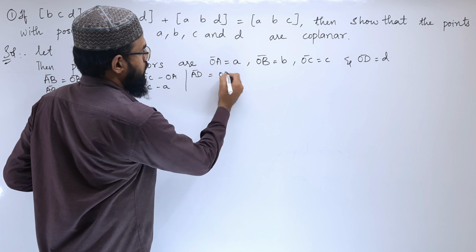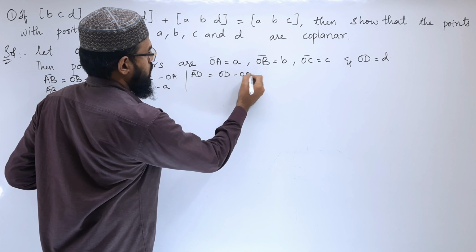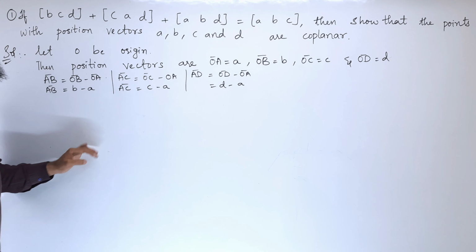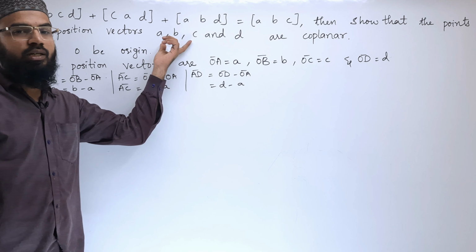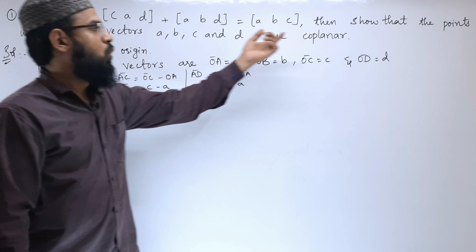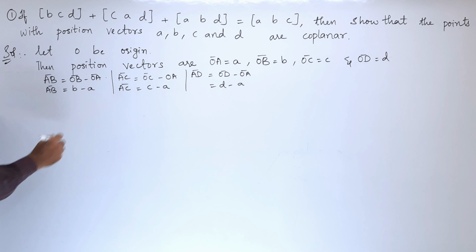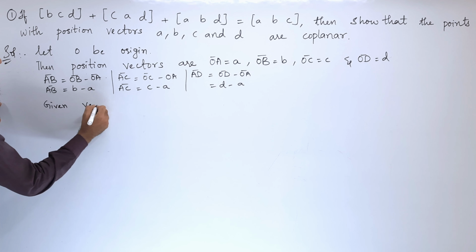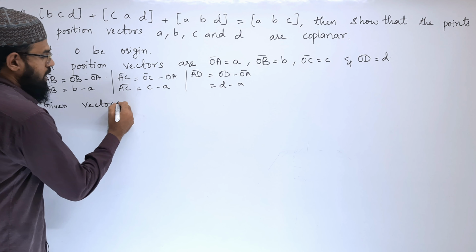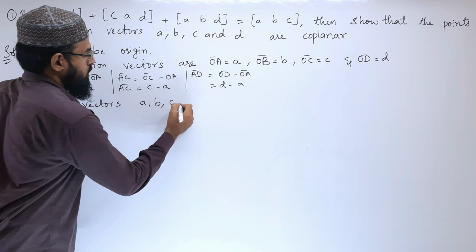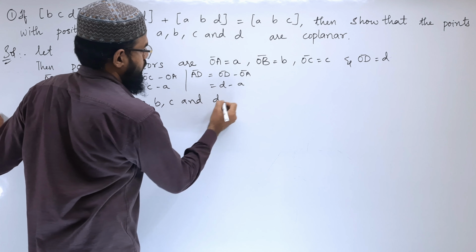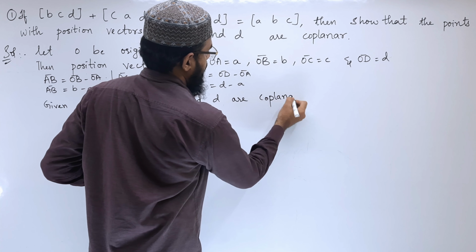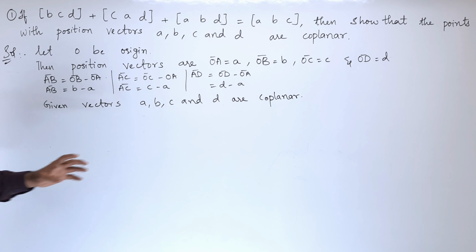It is OD minus OA, so D minus A. Now if we consider that the given points A, B, C and D are coplanar, then these vectors are coplanar.